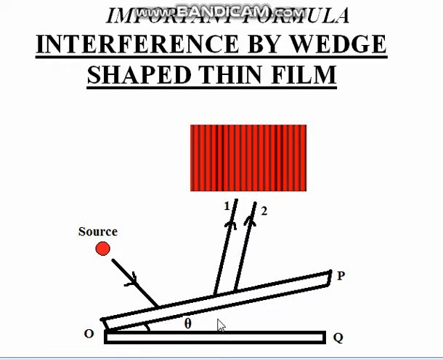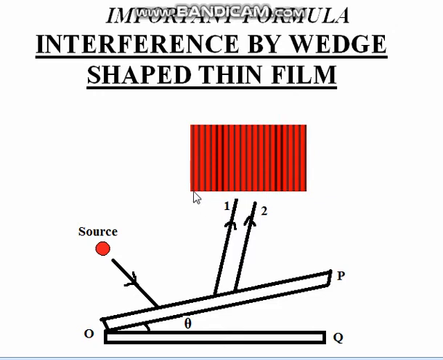So in order to see a clear image of the fringes, you must stay at low thickness values, and if you move far from the point of contact, then the fringes are not well defined. Here you can see that the fringes are in the form of alternate dark and bright bands.